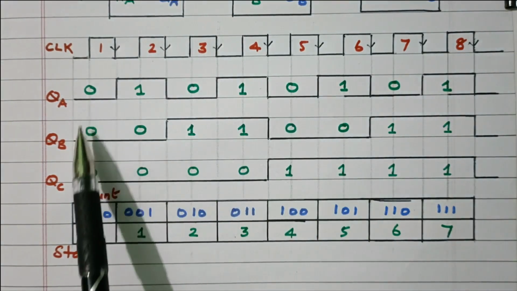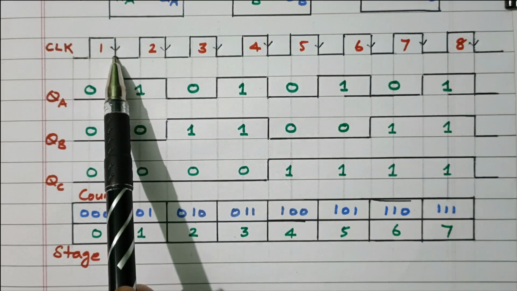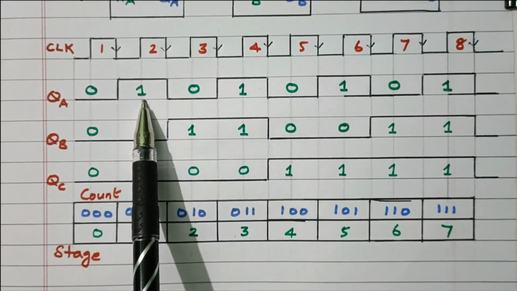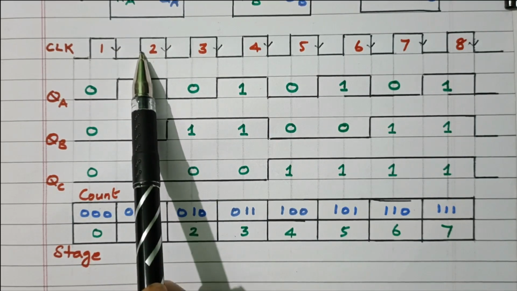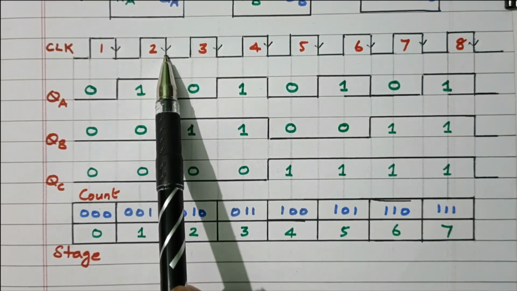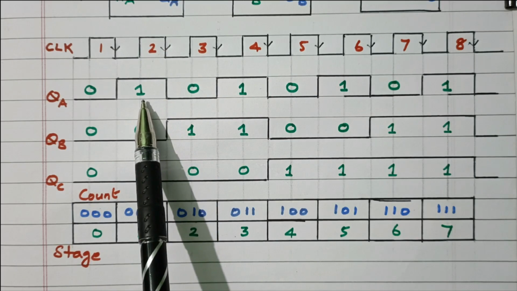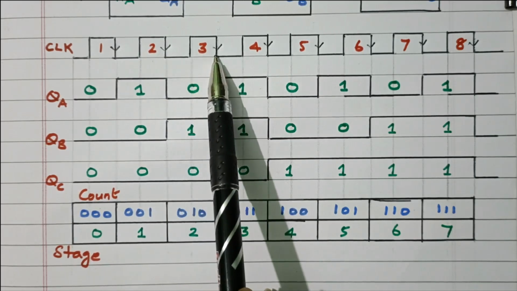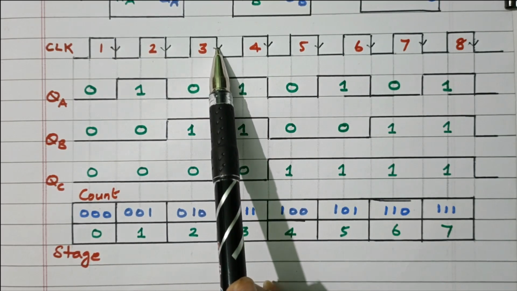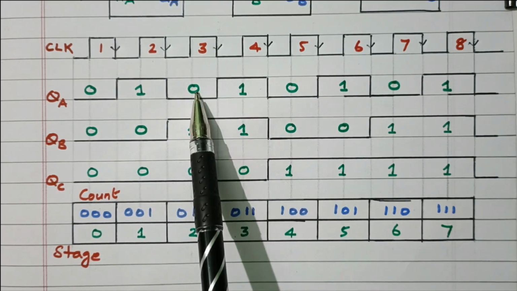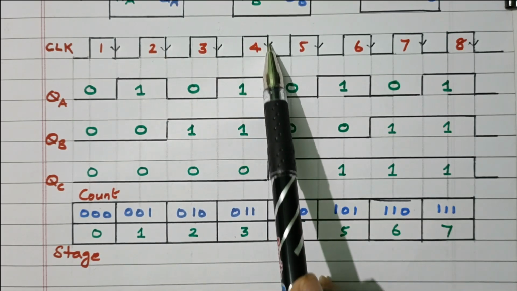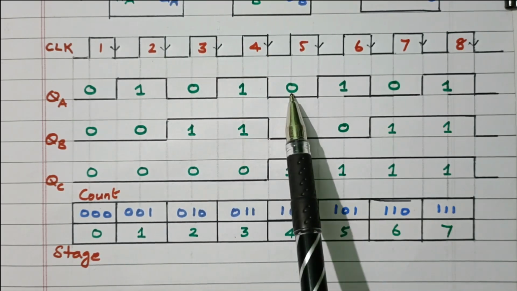See here, initially all are 0. Here the negative edge is there, so 0 is changed to 1. Again this is positive edge, so no change. During the negative edge, the output of the flip flop changes from 1 to 0. Then during the third clock pulse, negative edge, the output changes from 0 to 1. During the next negative trigger, 1 to 0.